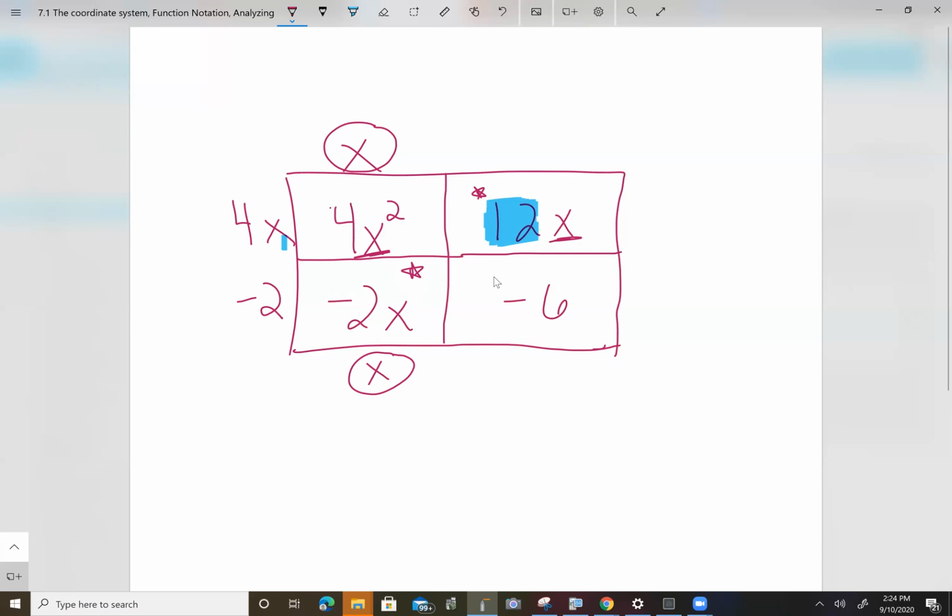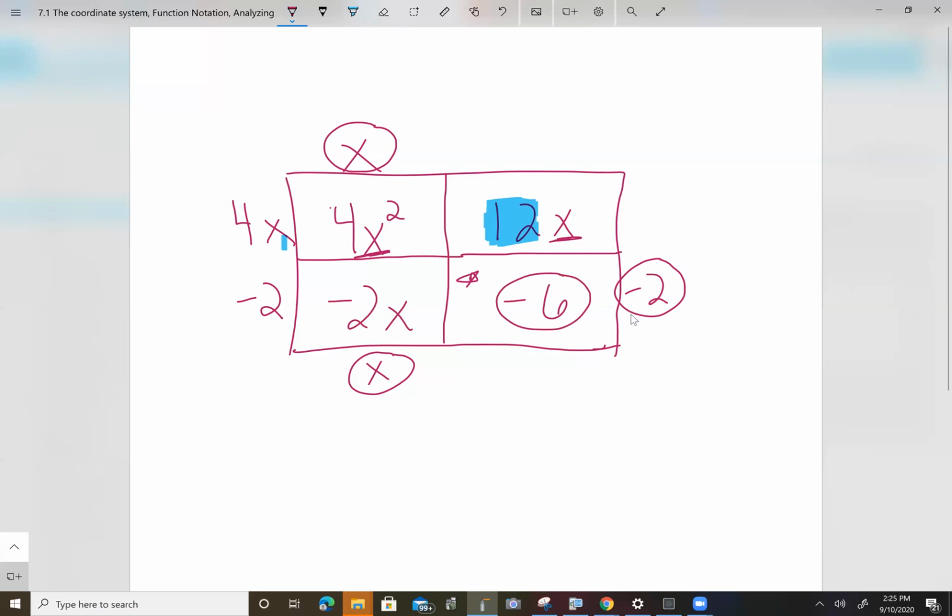So then let's take a look at the box with the negative 6 in it. I know that this side's negative 2 because the other side's negative 2. So the question I'm asking myself is, what number times negative 2, pardon me, you guys, is going to give me negative 6?